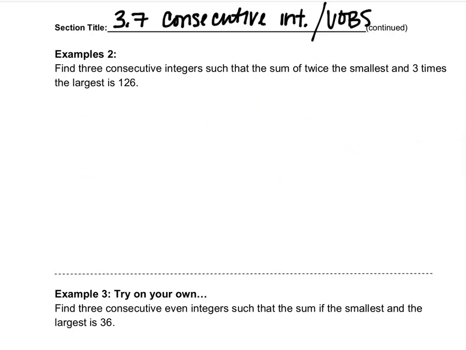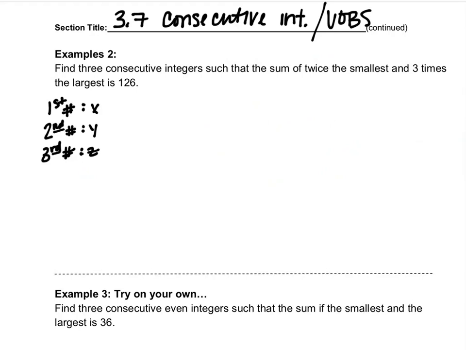And when I go about doing this, I'm going to start by saying my first number, second number, and third number. My first number I'm going to write as x, the second number as y, and the third number as z.